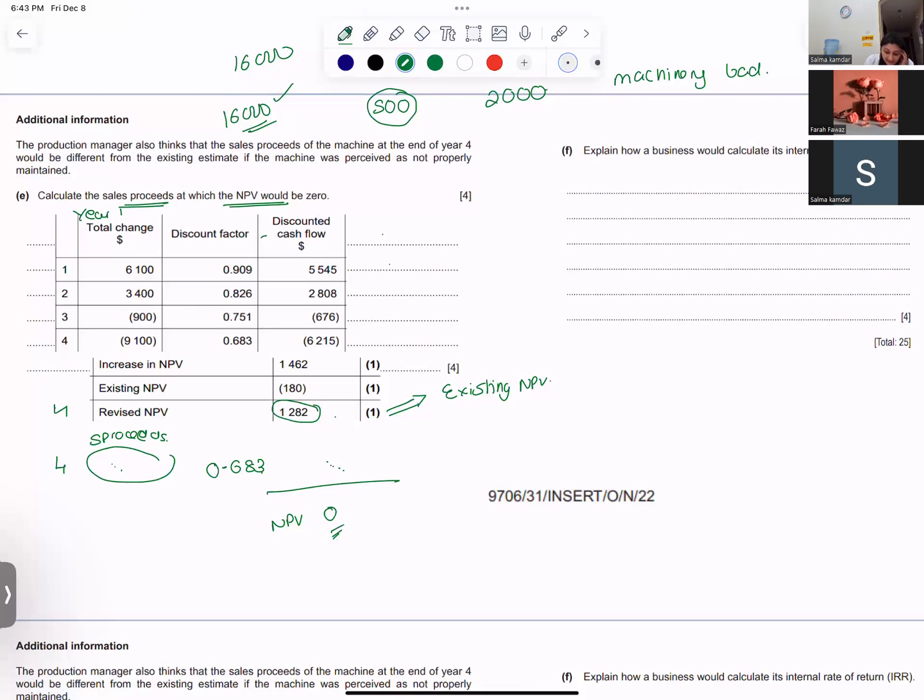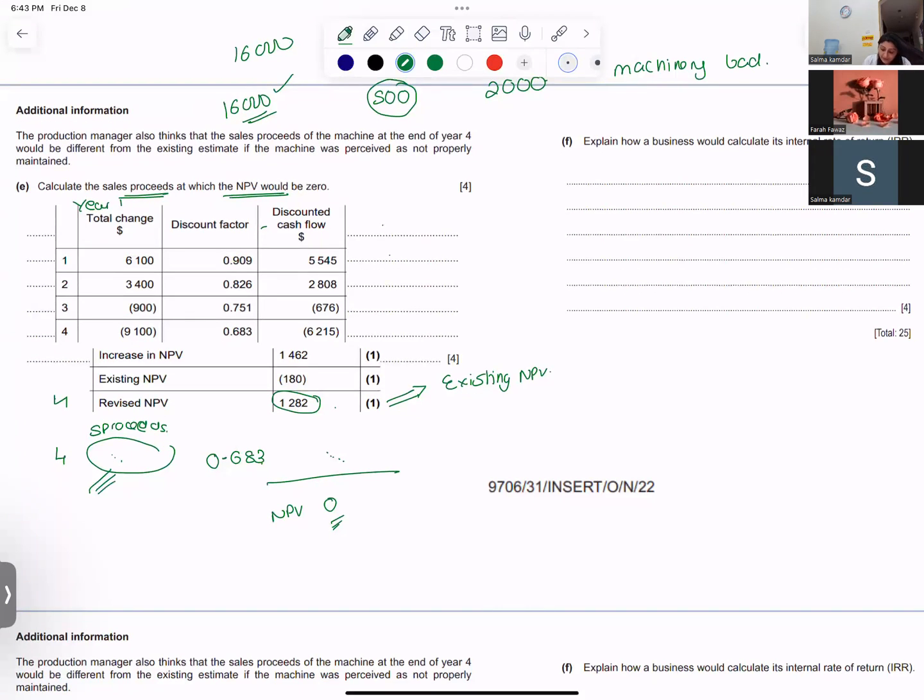So what would be the selling price of your machinery so that your NPV becomes 0? I don't know that. If my NPV should become 0, that means over here the discounted factor should be negative 1282, because they will cancel, and my NPV should become 0.